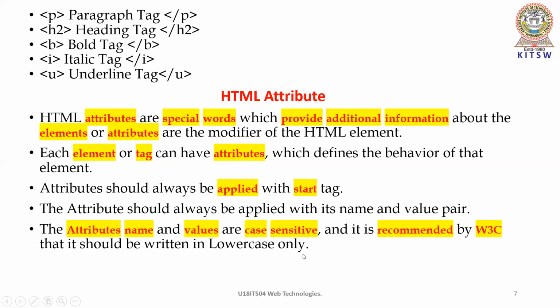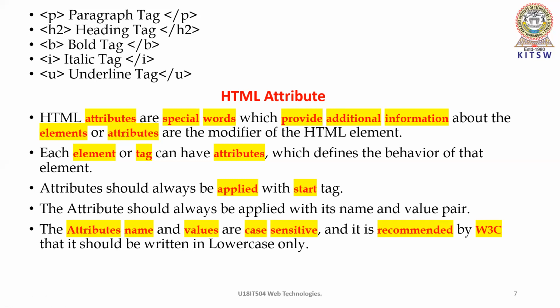Here, attribute names and values are case sensitive, similar to tags. Attribute names and values are case sensitive, and it is recommended by the W3C, the World Wide Web Consortium, that they be written in lowercase, as with our HTML tags.